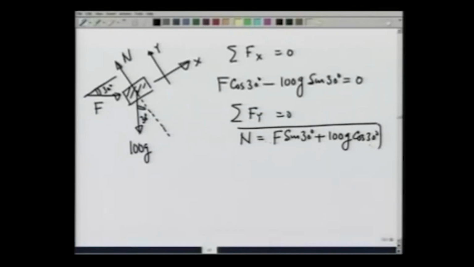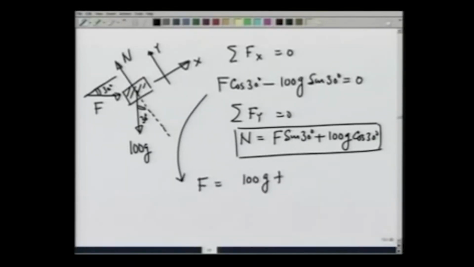This equation I do not need to calculate F. I will calculate F straight from the first equation, which gives me F is equal to 100 g tangent of 30 degrees, which is 100 times 9.8 divided by the square root of 3. This comes out to be 558.6 newtons. So, without friction, 558.6 newtons gives me a force that will keep the block in equilibrium.